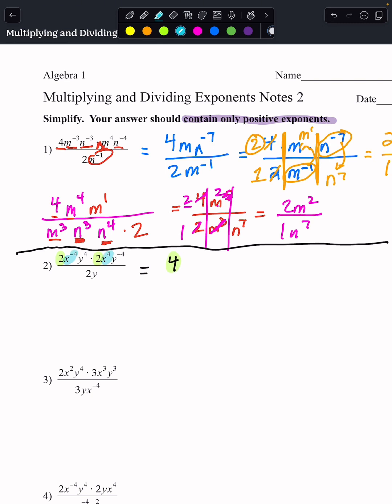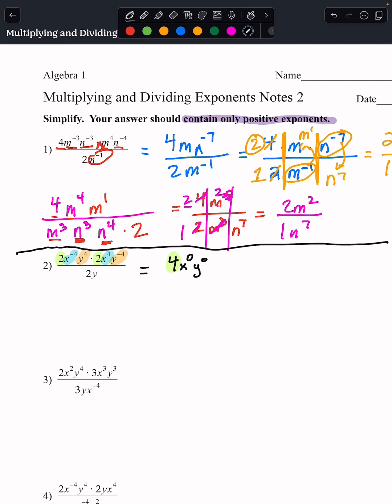That's 0. So just to make sure you don't forget it, I'm going to put x to the 0 because we added those. And then finally, I'm going to do the y's. Let's do the y's orange, y to the 4, y to the negative 4. Well, positive 4 plus negative 4, or positive 4 minus 4, that's also 0.